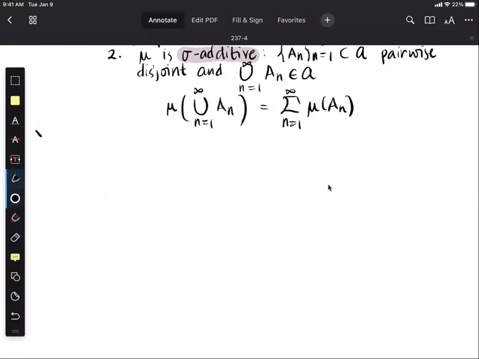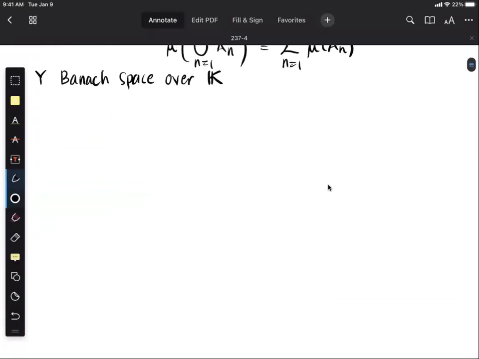Next, we will suppose that Y is a Banach space over the field K. Recall that K is either the set of real numbers or the field of complex numbers. With this, let us define what we mean by a simple function.